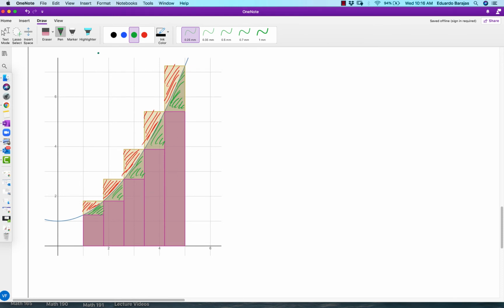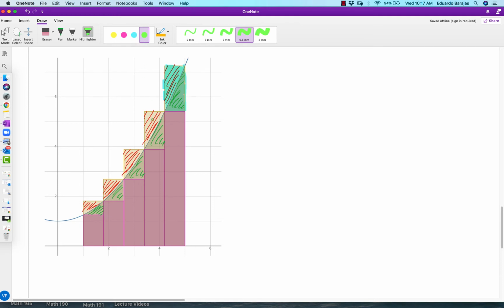If I highlight this rectangle in blue, the red is smaller than the entire highlighted rectangle, and the green is smaller than the entire highlighted rectangle.